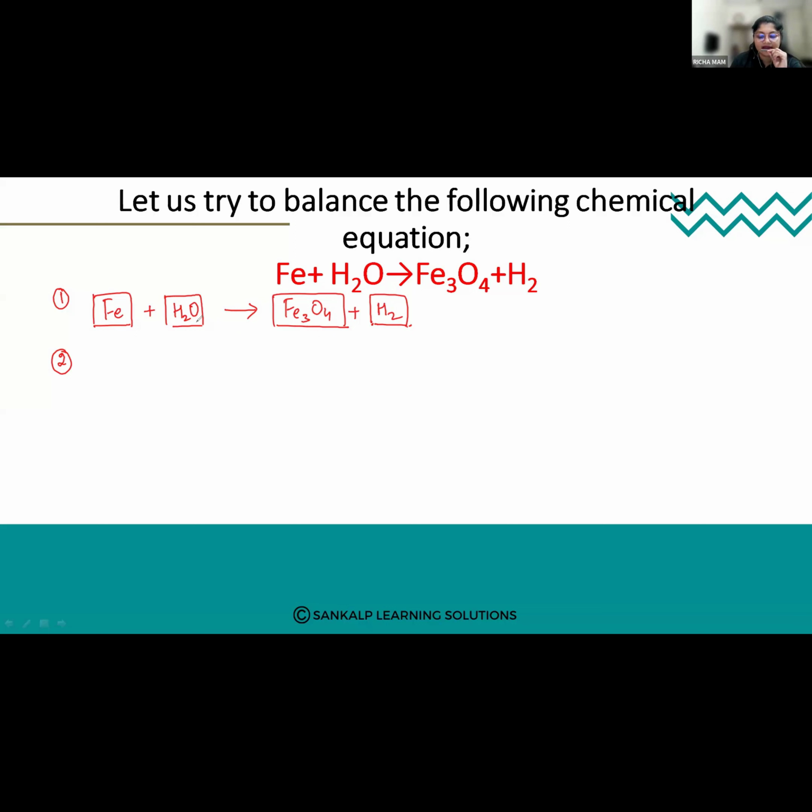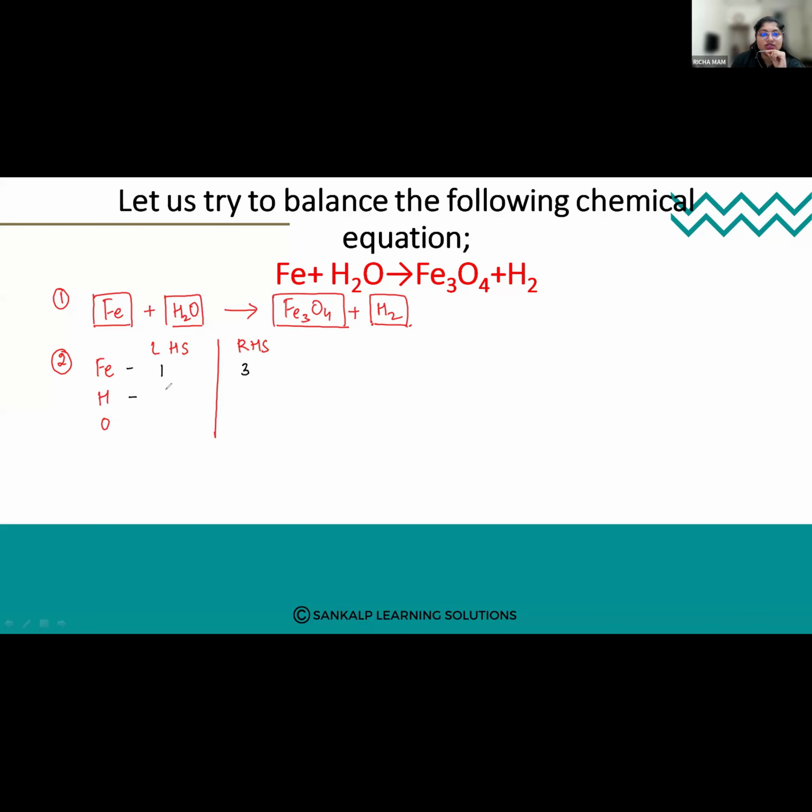Next, I will write the number of atoms. What atoms are present? Iron, hydrogen and oxygen. Let me count the number of atoms on the left hand side and on the right hand side. Iron here is 1, and on the right hand side it is 3.